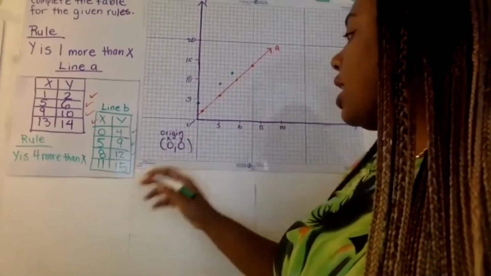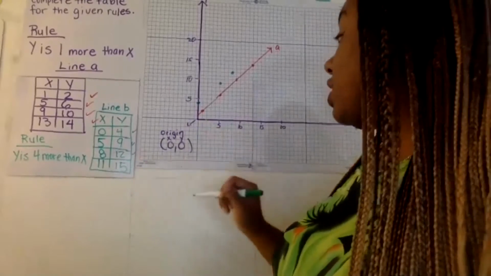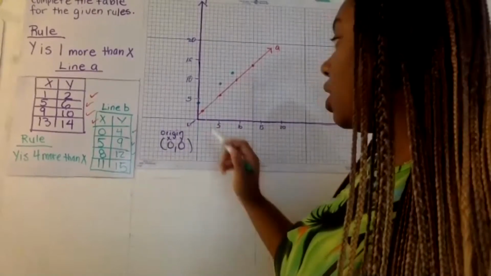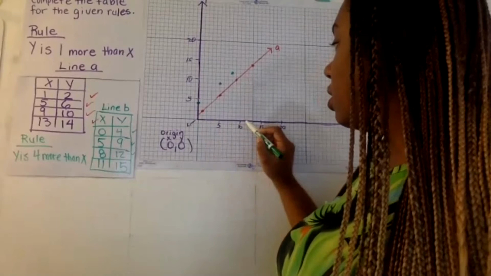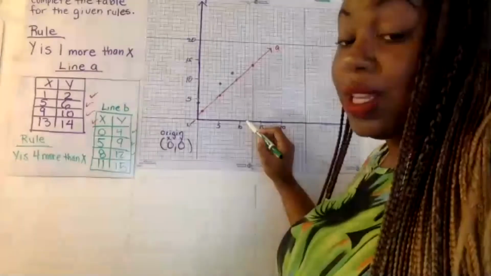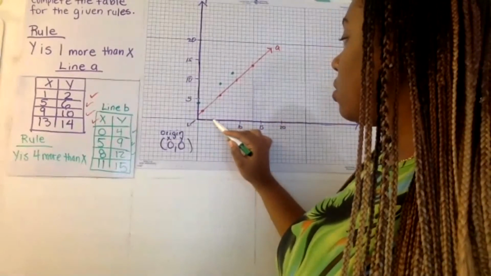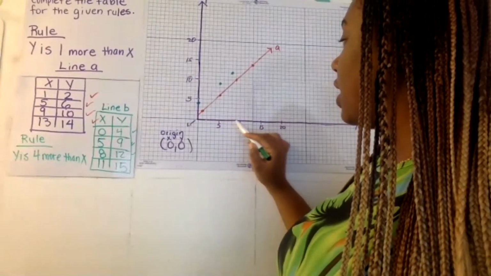For the last one, 11, 15, we go across to 11 and up 15. 1, 2, 3, 4, 5, 6, 7, 8, 9, 10, 11.